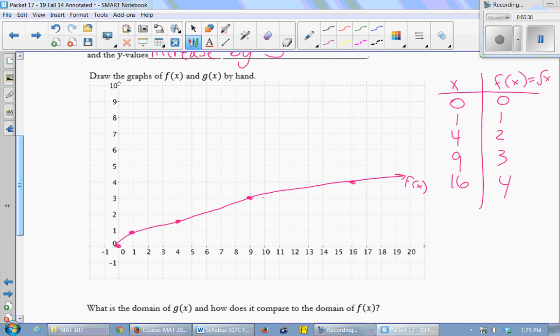And then if I want to graph g, I can just take each of those points that I plotted on f and move it right 4 and up 5, and I'll get the graph of g. So 0, 0 goes right 4 and up 5 and lands at 4, 5. 1, 1 goes right 4 and up 5, lands there. And 4, 2, right? If I'm going to go right 4, my x coordinate gets 4 bigger. Up 5, my y coordinate gets 5 bigger. So I'm going to land at 8, 7.